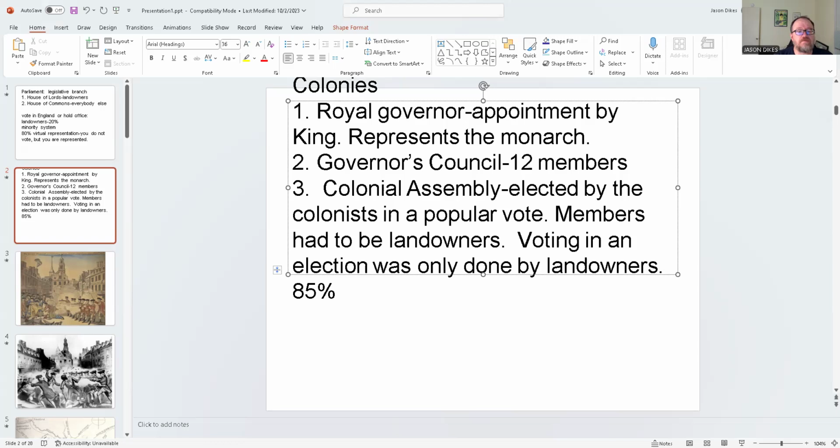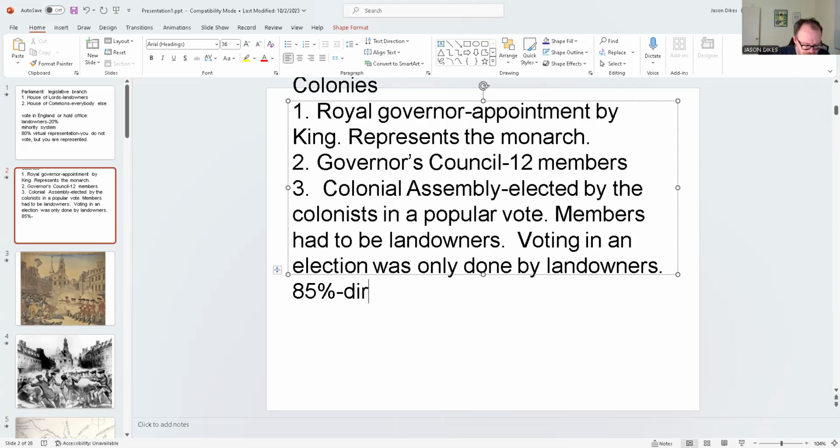And so a lot of people who are on our currency, your Washington, your Jefferson, Benjamin Franklin, James Madison, and John Adams, who is not on currency, all of these people got their start in the Colonial Assembly because they were landowners and could run for that office.